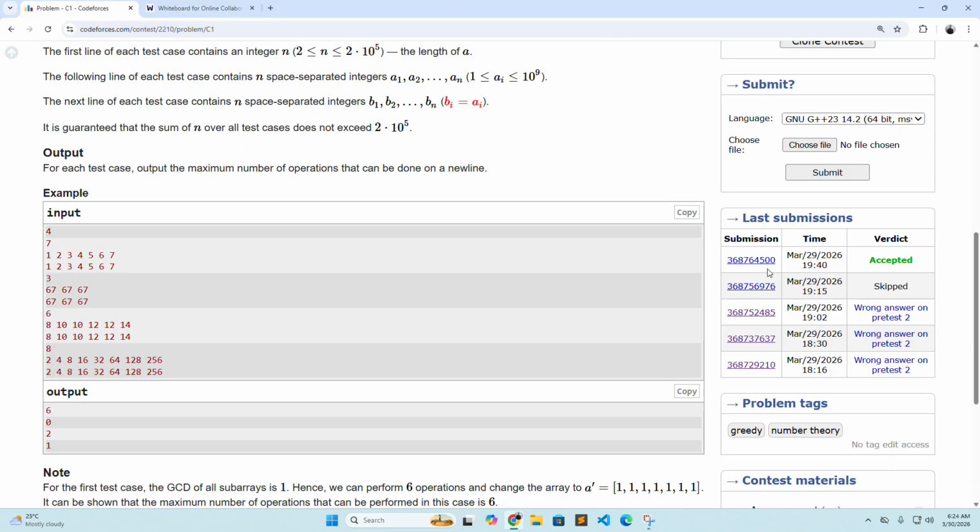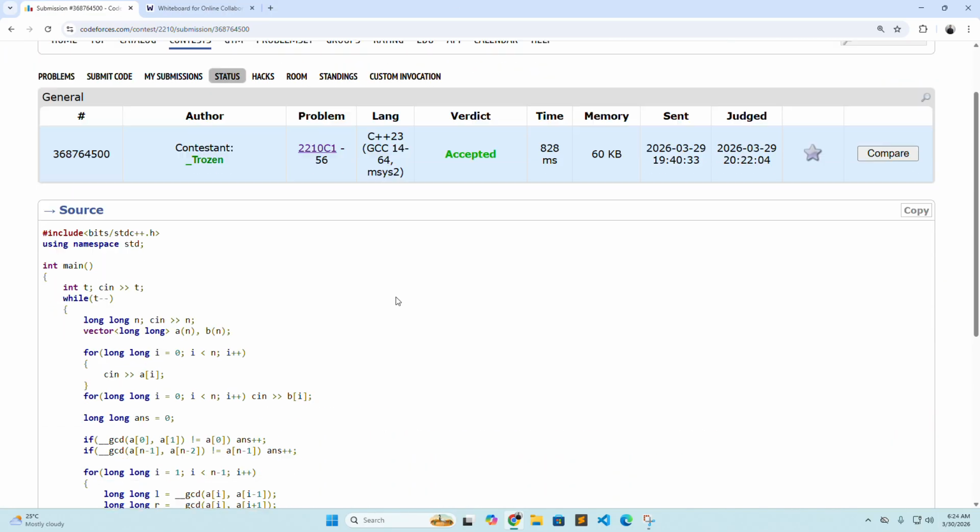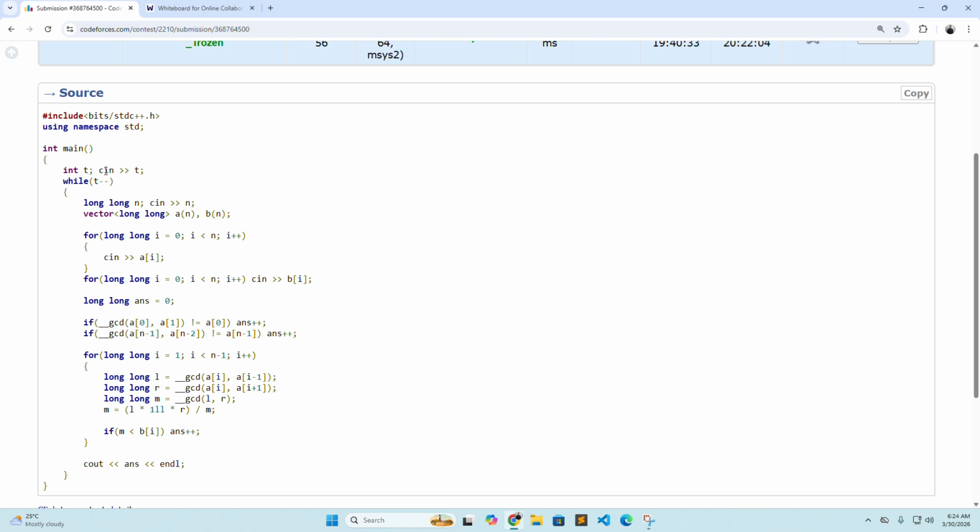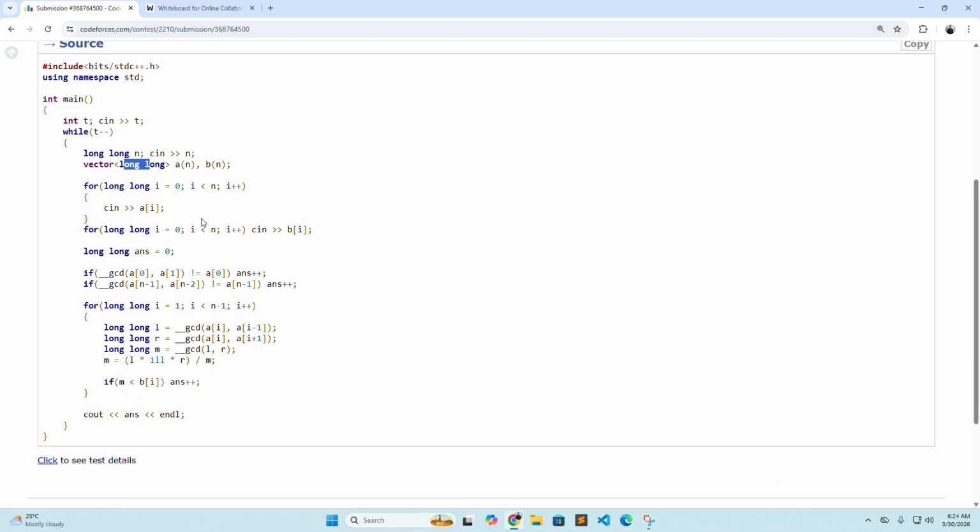So let's see the code. For each test case, take the input n, and take the vectors a and b of long.